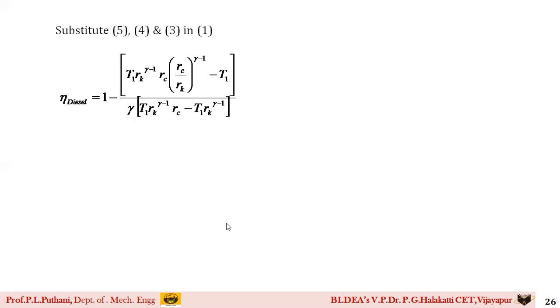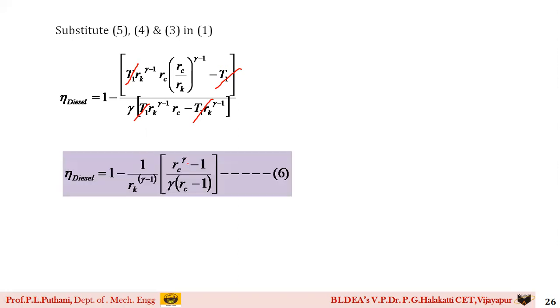And finally, these values, that is T4, T3, and T2, I'll substitute in my thermal efficiency equation. On substitution, I get it in this form now. So what are the common terms? If you observe carefully, T1 in the numerator as well as the denominator gets cancelled. And I have got the equation only in terms of the cutoff ratio RC and compression ratio RK.